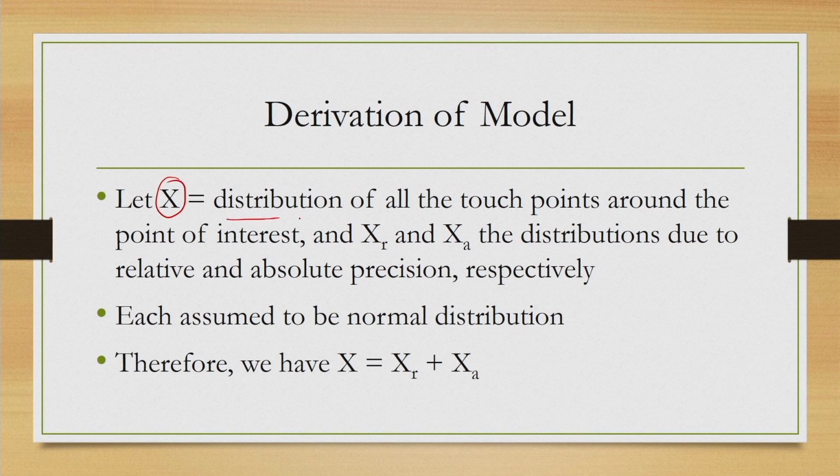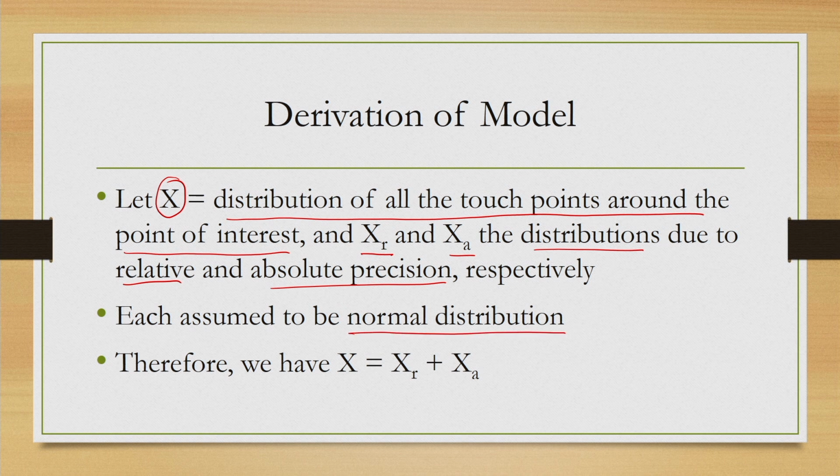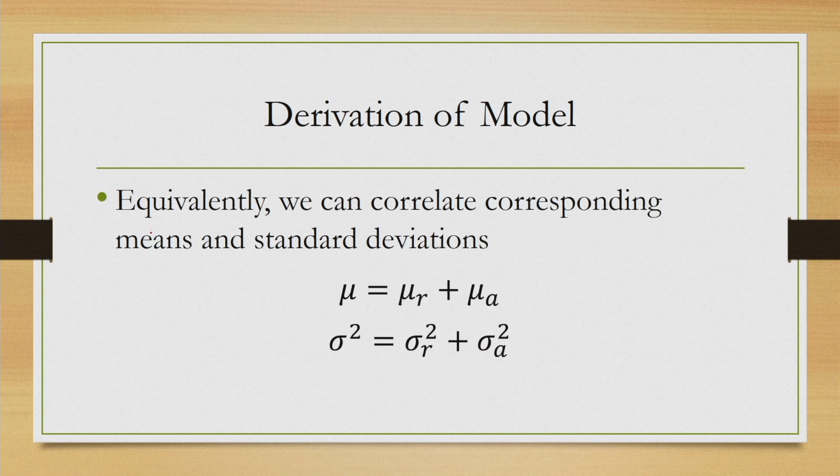Let us denote by x the distribution of all the touch points around the point of interest, and by x_r and x_a the distributions due to relative and absolute precision. We are also assuming that all these distributions are normal distributions. So, then we can represent x as a combination of x_r and x_a, as we have already stated. Equivalently, we can correlate the corresponding means and standard deviations.